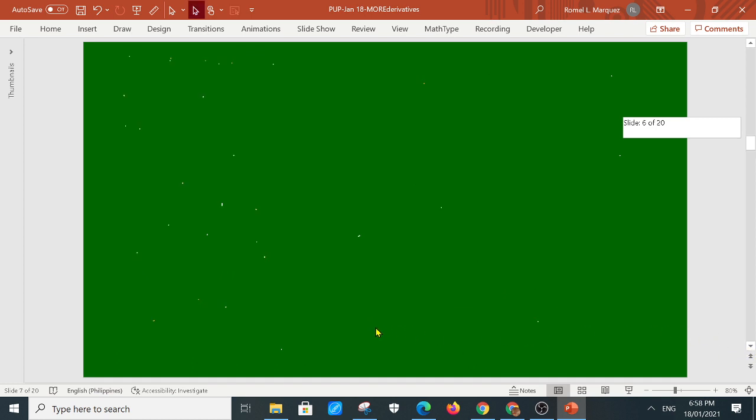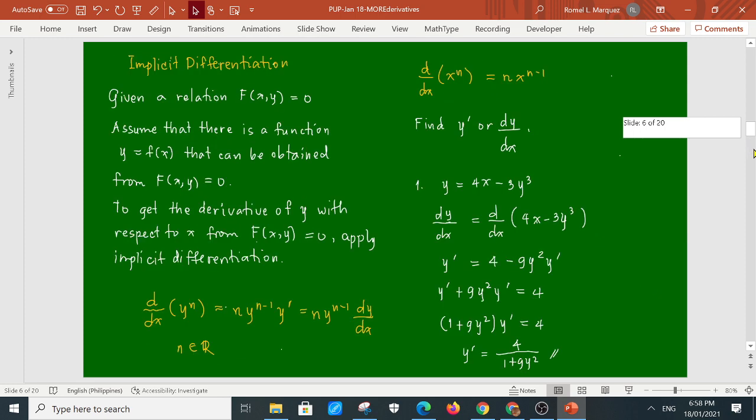Ay! What a messy board. Baka if you change board, it will become not that messy. Why so messy? I don't know why messy.